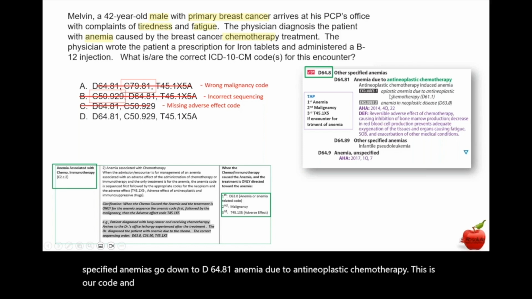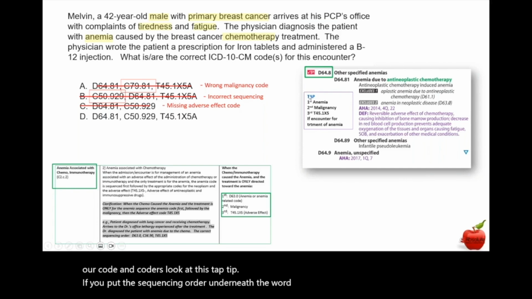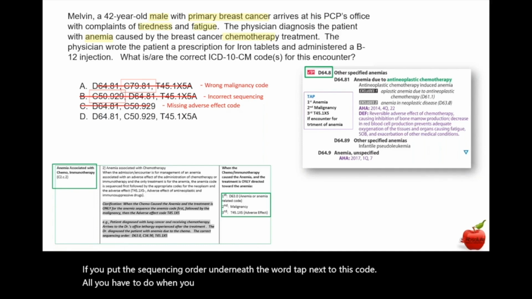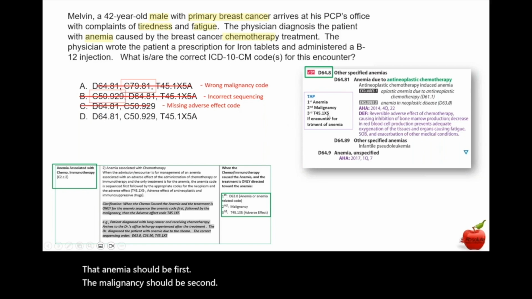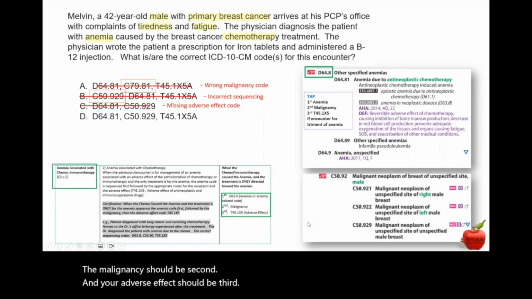And coders, look at this tip. What you have to do when you take your exam is match the order. The anemia should be first, the malignancy should be second, and your adverse effect should be third. I'm going to let that marinate.